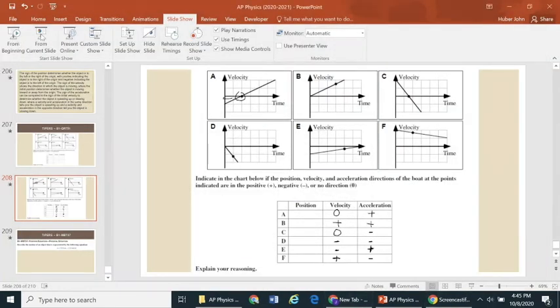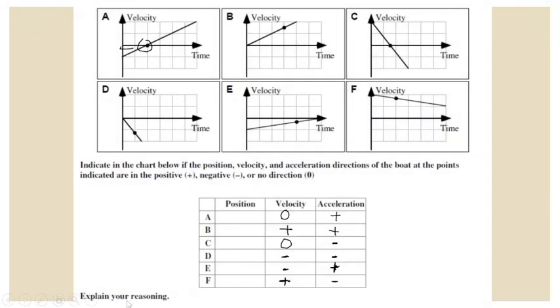And so notice here, at least A is a pretty good example. For A, notice the area under the curve gives you the displacement, of course, because this is a velocity versus time graph.